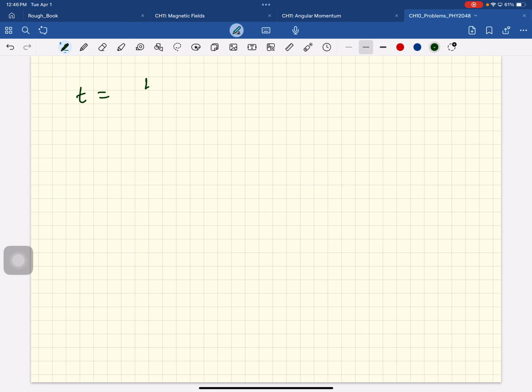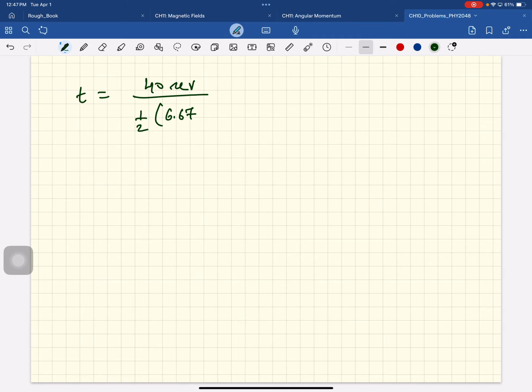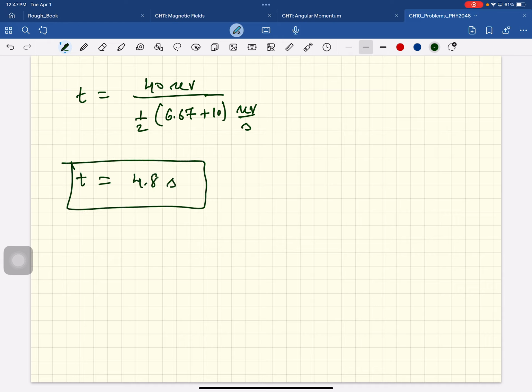So T is 40 revolutions divided by 1/2 of 6.67 plus 10 revolutions per second. Okay, so it took about 5 seconds to go through 40 revolutions.